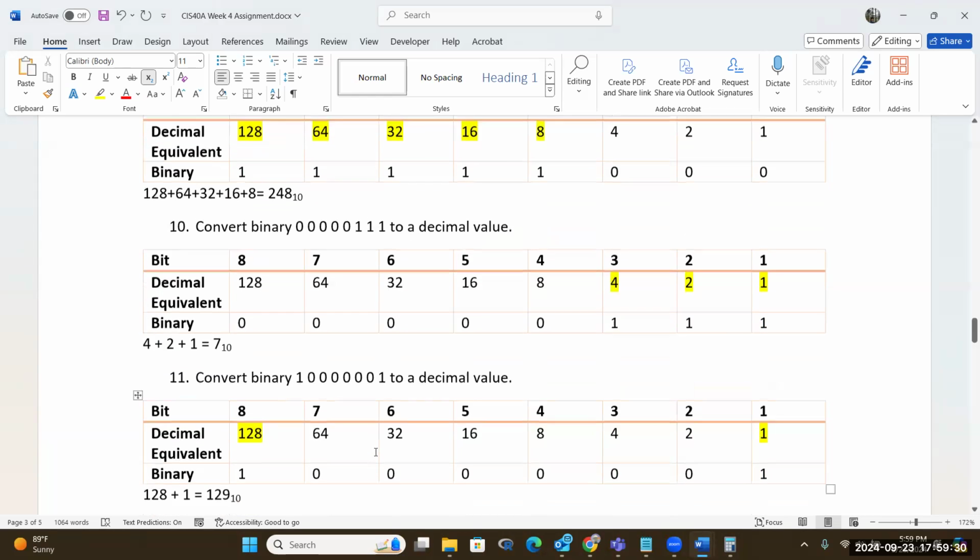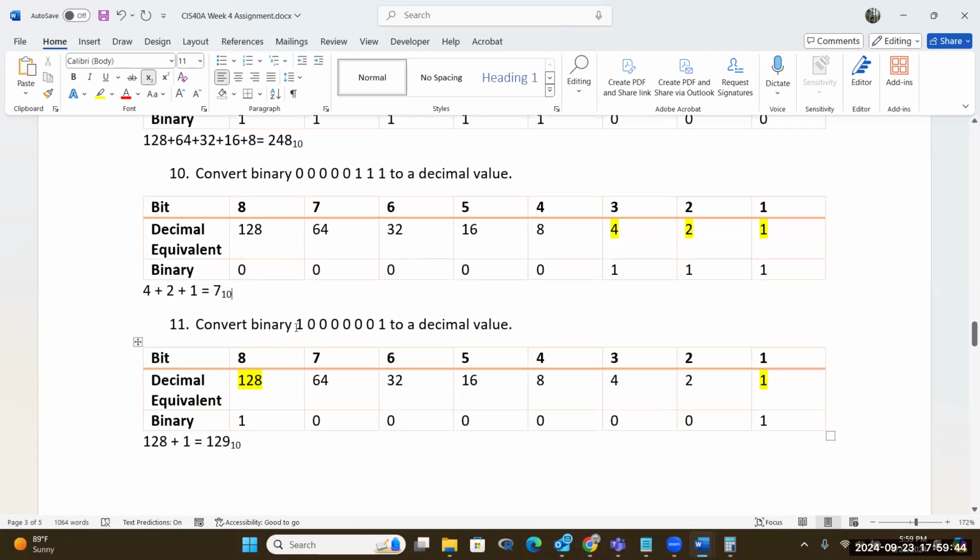Okay, so for the next one, same thing. We start with the same scale, multiples of 2: 1 times 2, 2 times 2, 4 times 2 for our byte or 8 bits. Then we place the binary value for each of those bits for our byte here. And then we look at which bits are on.